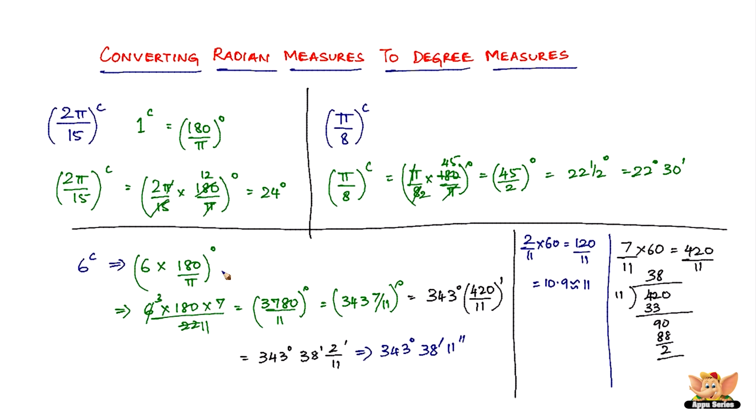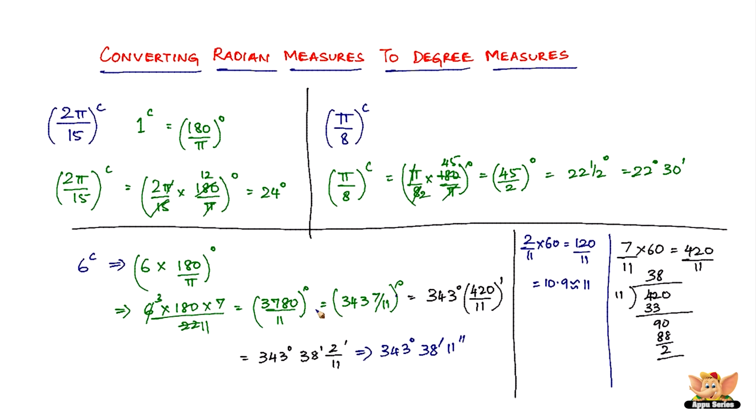That becomes degrees. When you simplify, you end up at 3780 by 11 degrees. Well, you can stop here, but to be purely a degree measure, you really have to convert this. So when you convert this, you get the mixed fraction, which is 343 degrees, 7 by 11 degrees.